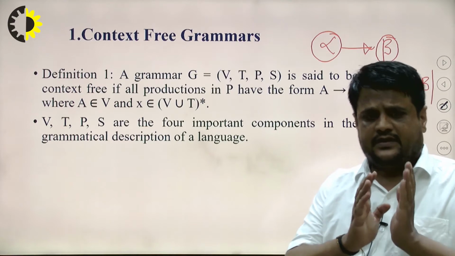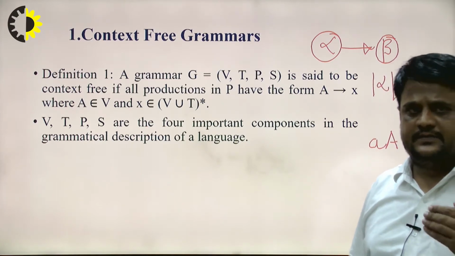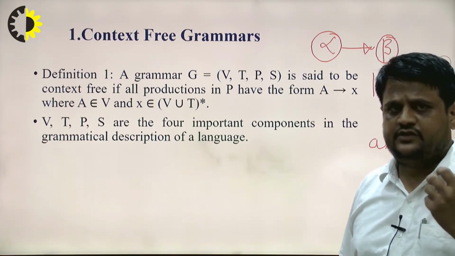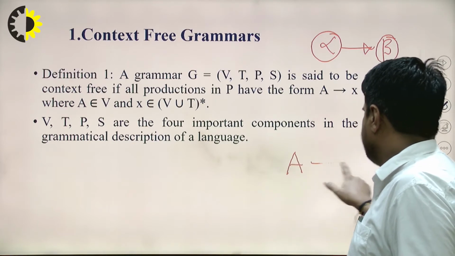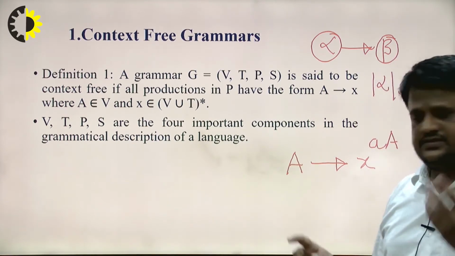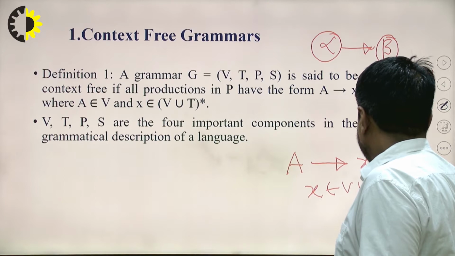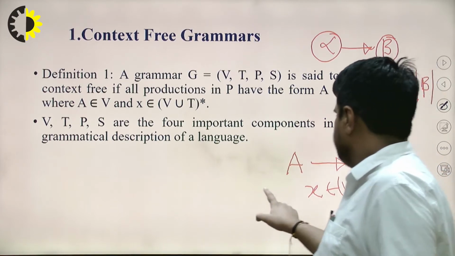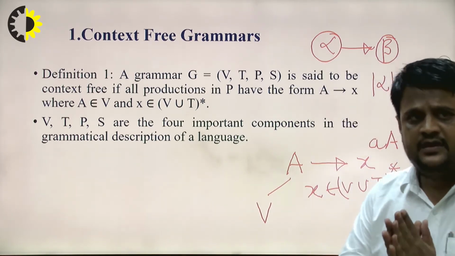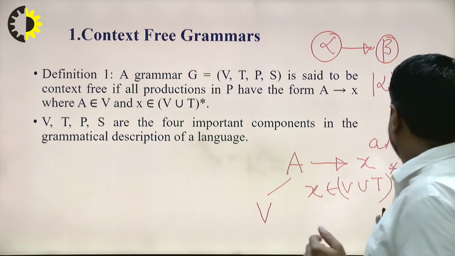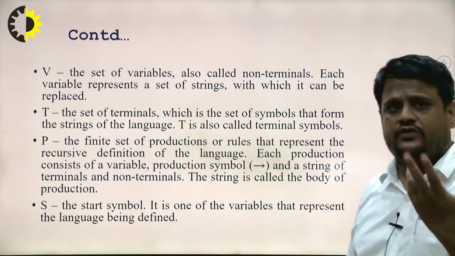So, to define the context-free grammar: a context-free grammar is G = (V, T, P, S), where the production is of the form A tends to X, where X belongs to (V union T) star and A belongs to the set V. Now, the question that comes to your mind is what do we mean by V, T, P, S? V is the set of variables, or you can say the set of non-terminals.